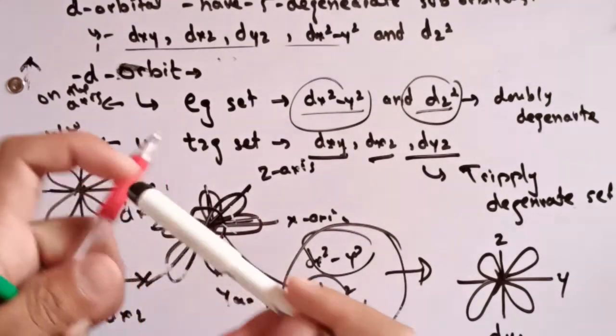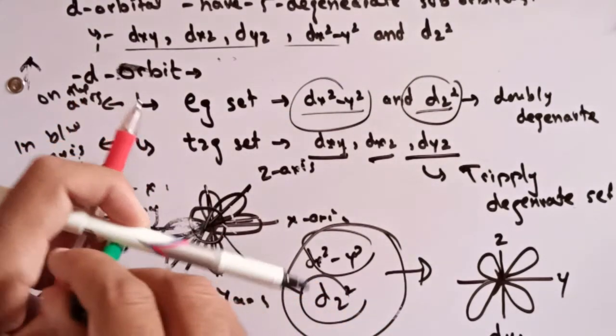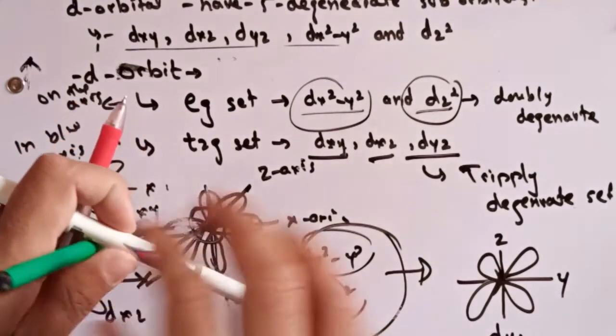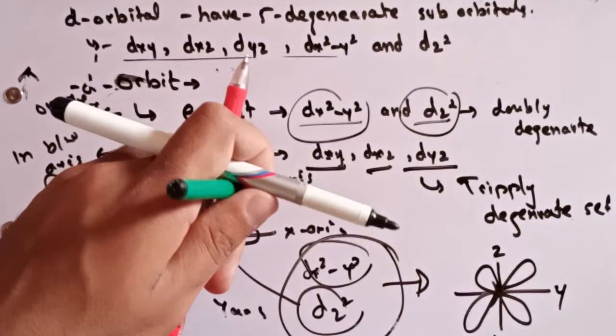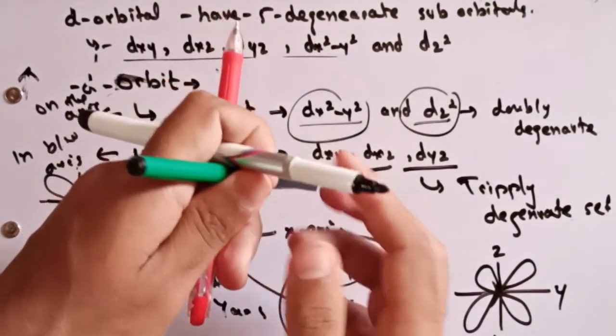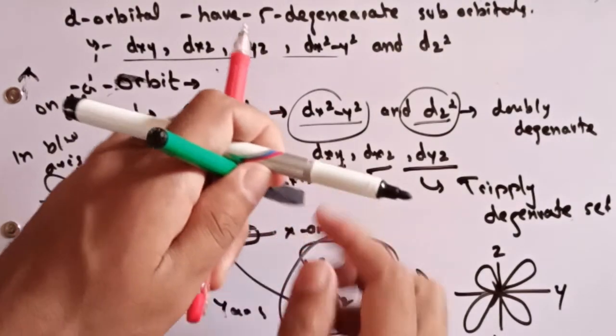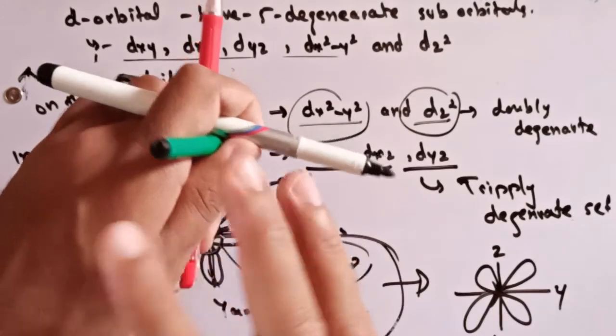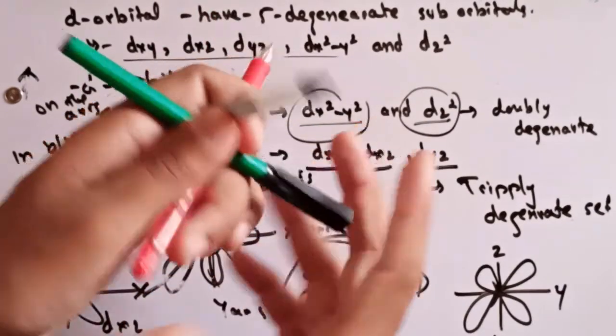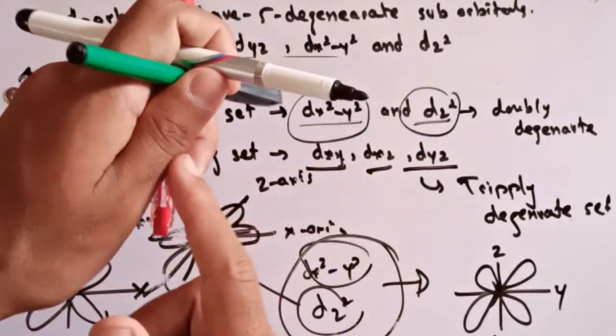Why does the grouping occur? Let me show that. When there is a six-coordinate complex, when six ligands approach the central metal atom, these five degenerate orbitals are oriented like this, as I explained before.